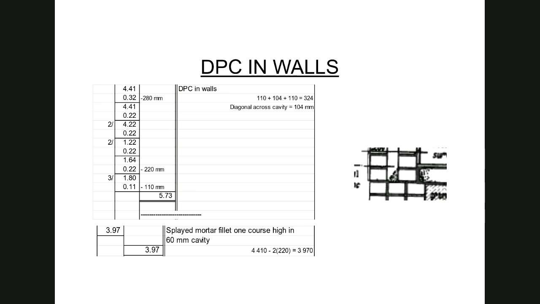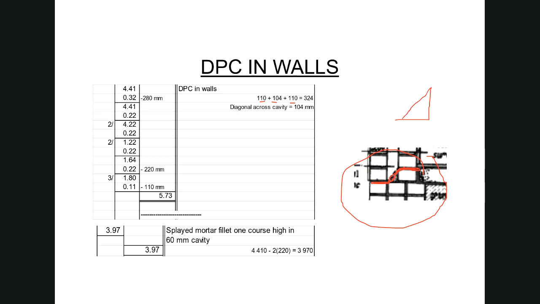It is horizontally in the one skin, then it slopes down the other skin, and it is horizontally on the other skin. Now I need to do a calculation to get to that. So you can see on the side cast I have 110 plus 104 plus 110. So the 104 is created by doing a calculation according to Pythagoras.